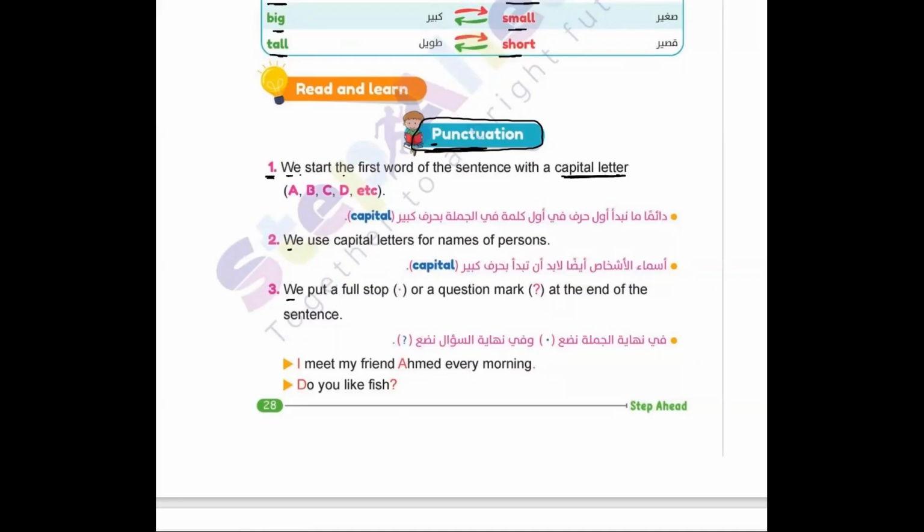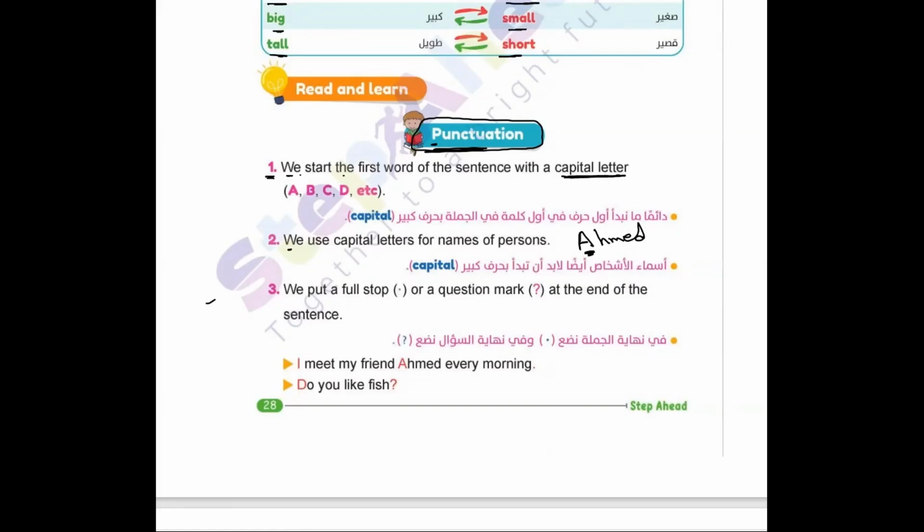If I have any person's name in the sentence, I have to write the first letter of this name capital. For example, I will write Ahmed. Ahmed, first letter A capital, and the other letters normal, lowercase, or small. But if I have any name, the first letter of the name should be capital.